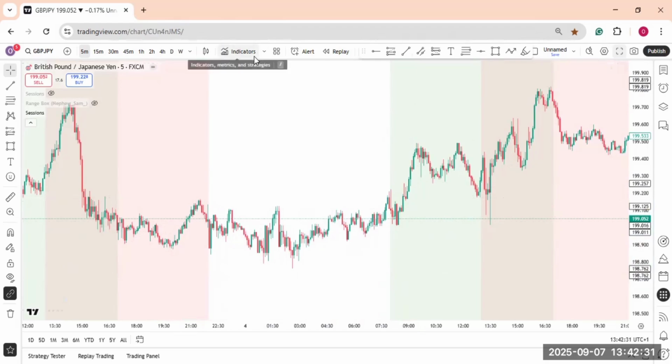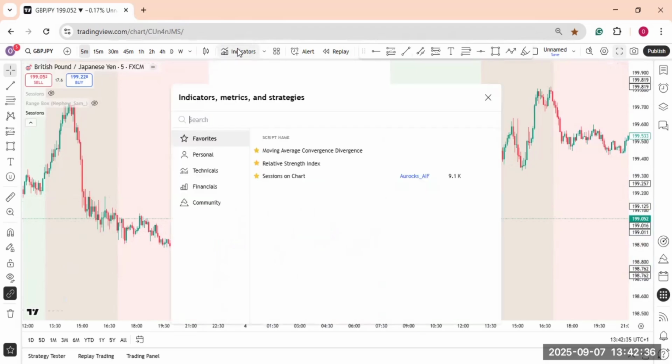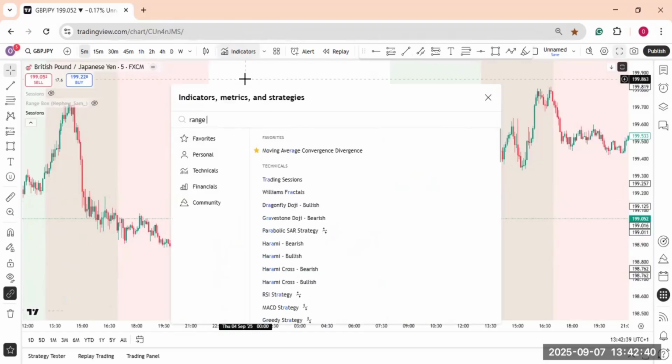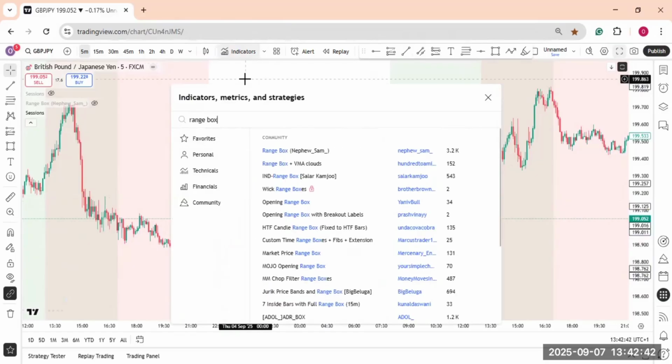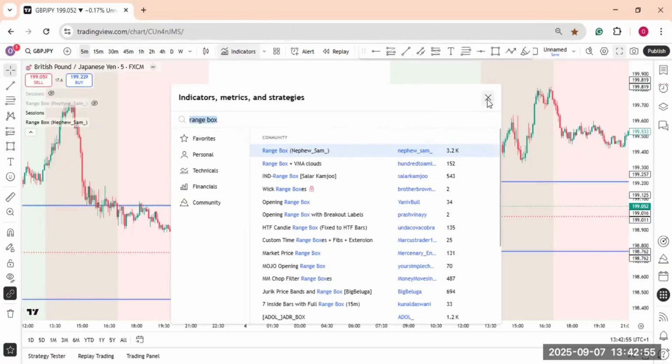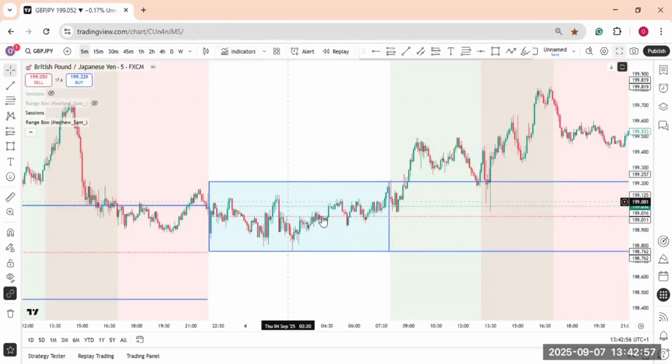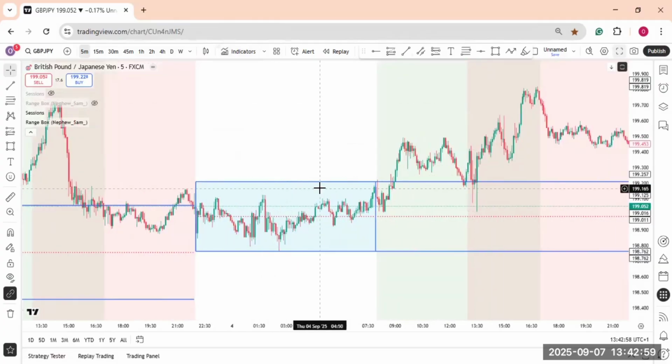So under your indicators, click indicators and type range box. You type range box, and this one by Nephew Sam, you click on it. It has already been added to our chart. You can see it here. This is it. It is just a range.